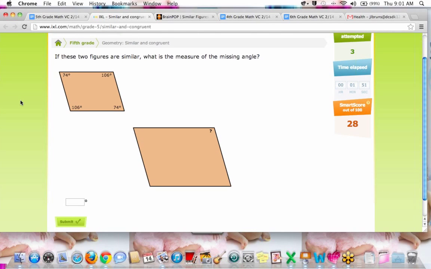Okay, now this is pretty easy. These two figures are similar. So remember, similar figures have the same angle measurements. So if this is 106 degrees, what does this angle have to measure as well? Nicholas? 106. That's right.